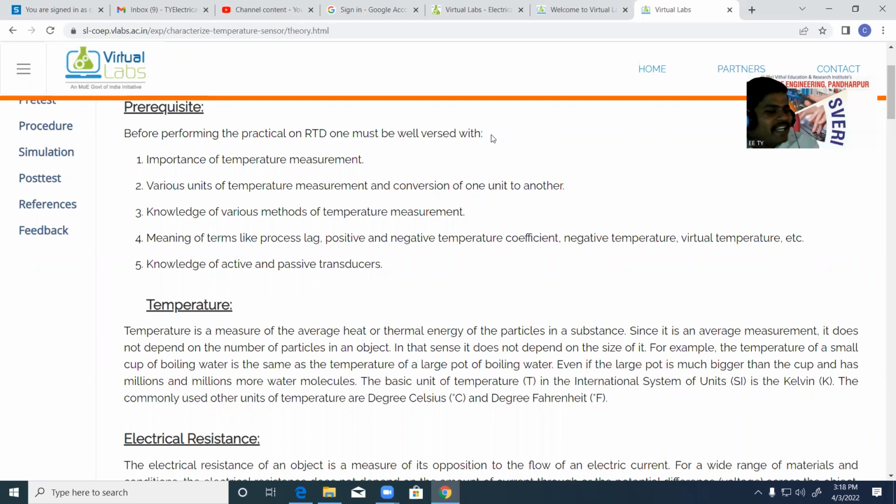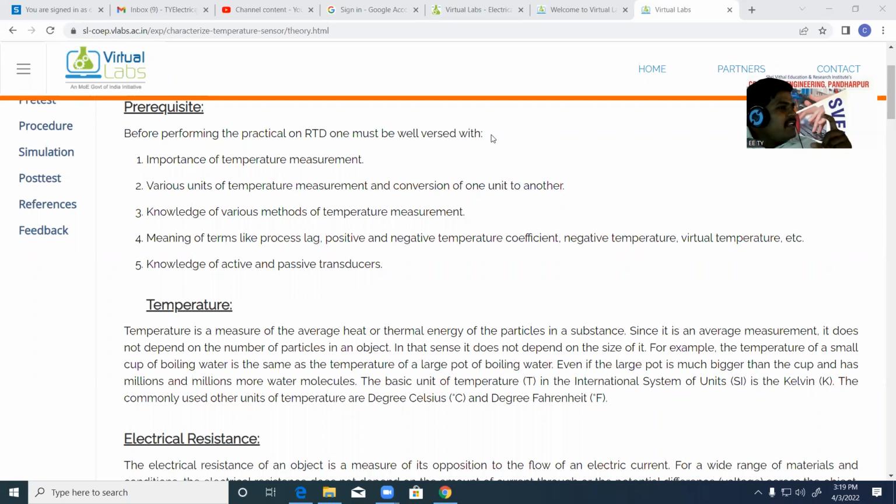So temperature is the measure of the average heat or thermal energy of the particles in that substance. Since it is an average measurement, what is the heat? It is the average value of those particles. Suppose it contains 100 molecules.